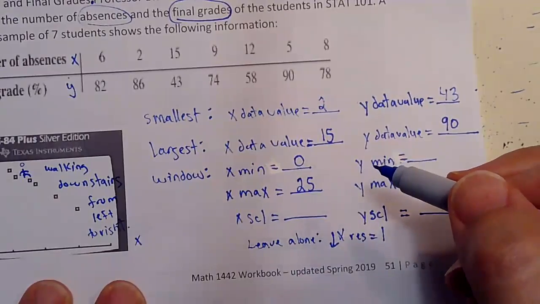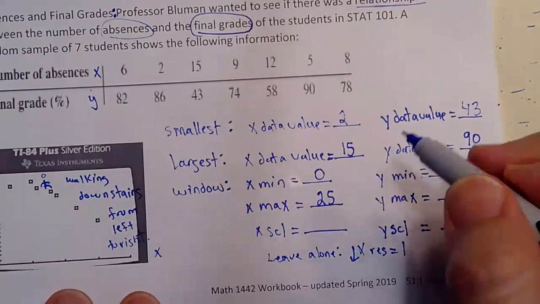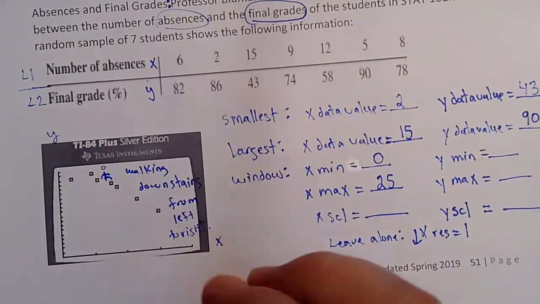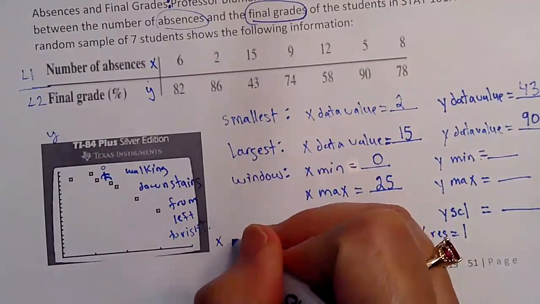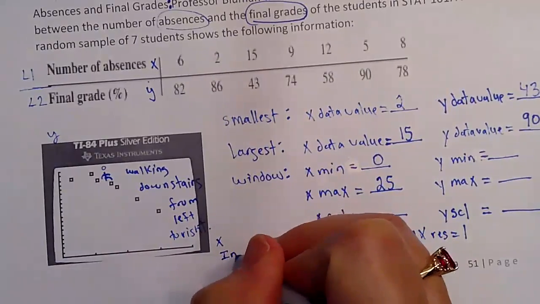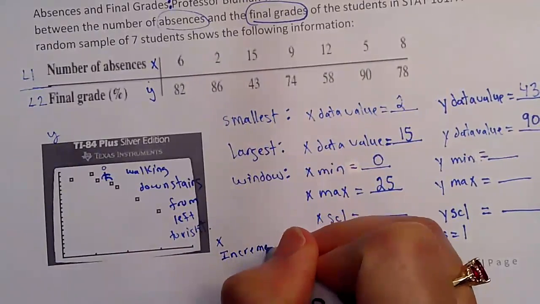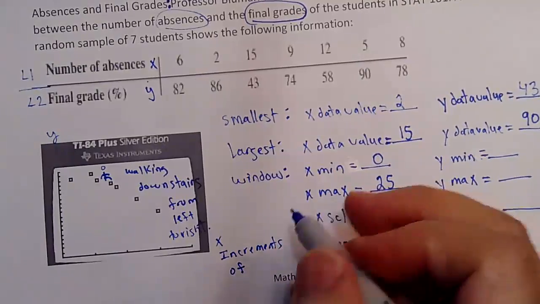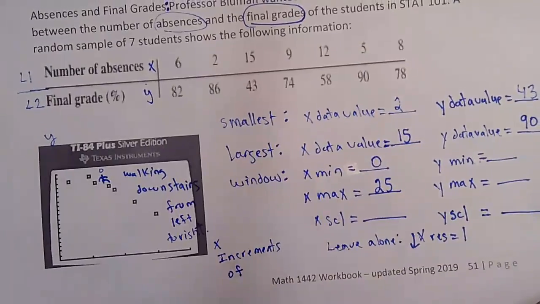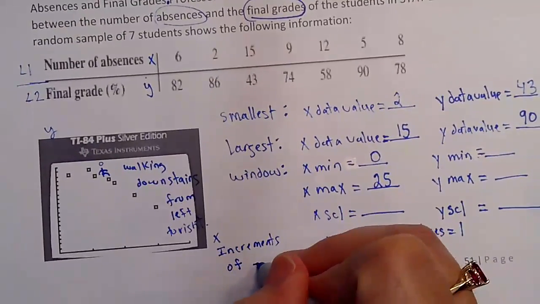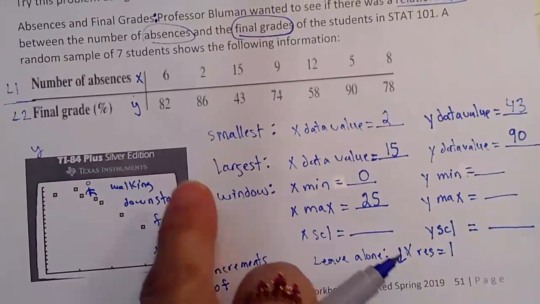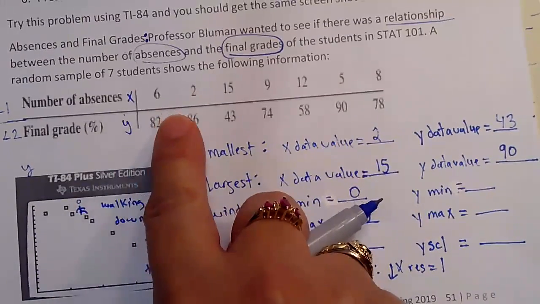And then the X scale. Remember your X scale. How do you want increments? So X has to be like increments of what? So what do you want to use? You look at your X data values. See how they're pretty small.